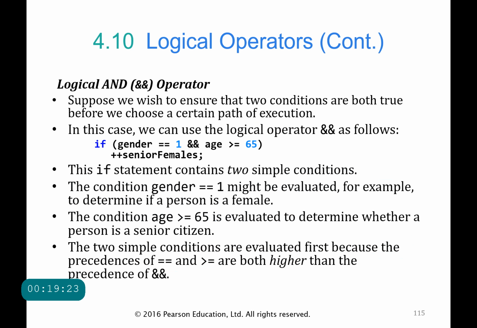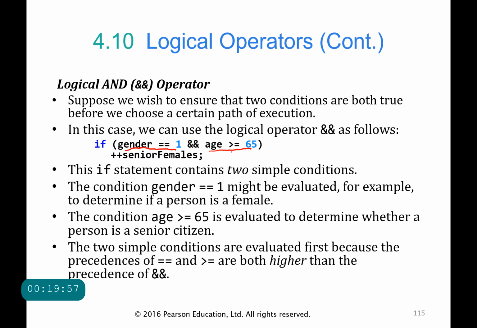Now let's look at the logical AND operator. What do we do with the logical AND operator? Here is an example. We have two conditions inside the if statement, and these both evaluate to either true or false. The first one is gender is equal to 1. Let's say gender 1 could represent female. So if gender is 1, that means true, is female.